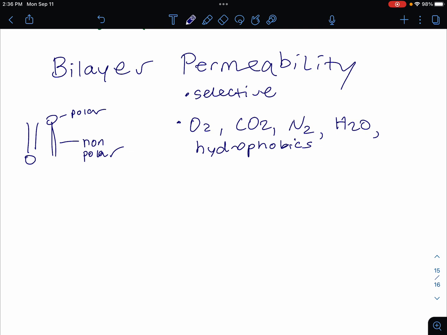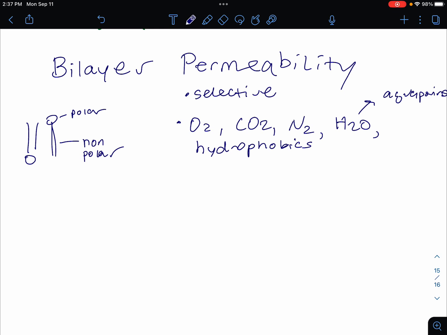And speaking of water, we do have some proteins called aquaporins that will allow for the passage of water. Other molecules aren't listed here, so ions, large hydrophilic molecules, all of those, they cannot pass through the permeability of the bilayer by themselves. So we need some other methods in order to move them.